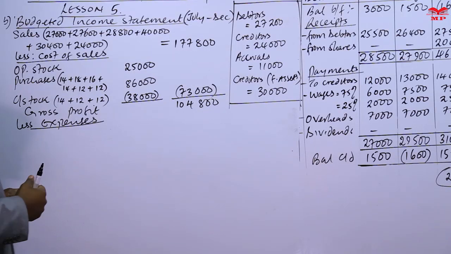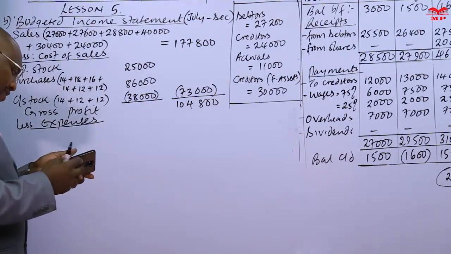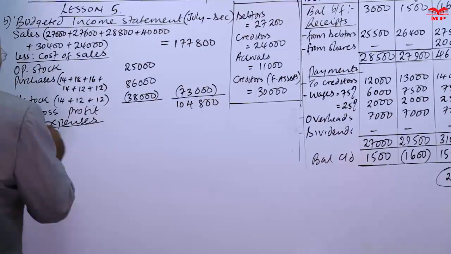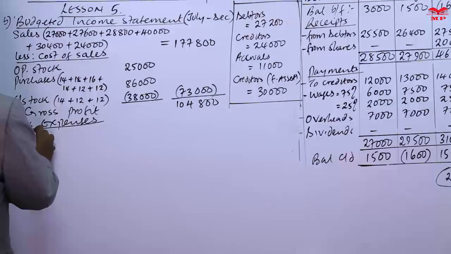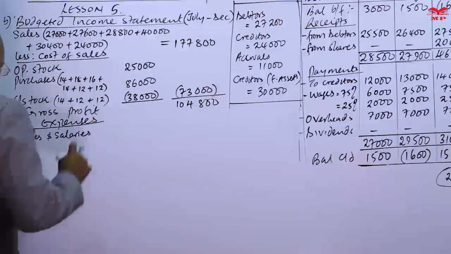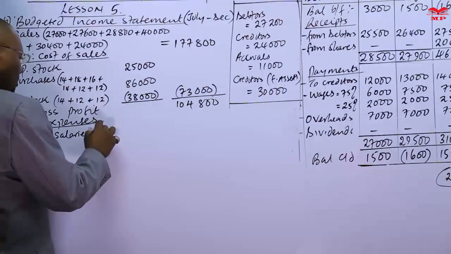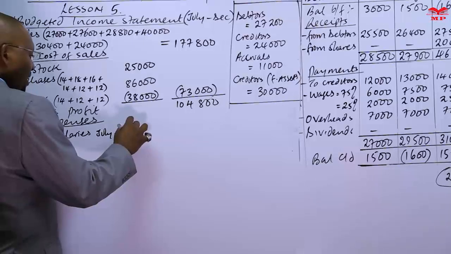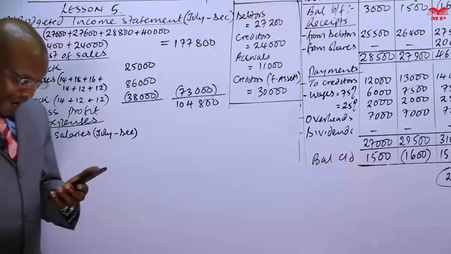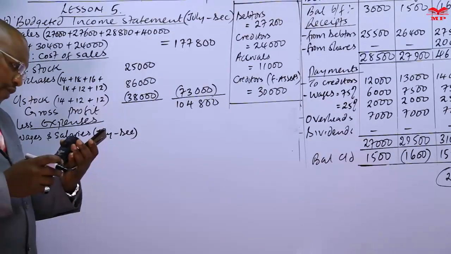So the first expense I need, as per the forecast, I can see I need the wages. So we can have here wages and salaries. So when we add these wages and salaries for this is July to December, whether it's paid or not, when you add this, we'll get the wages.